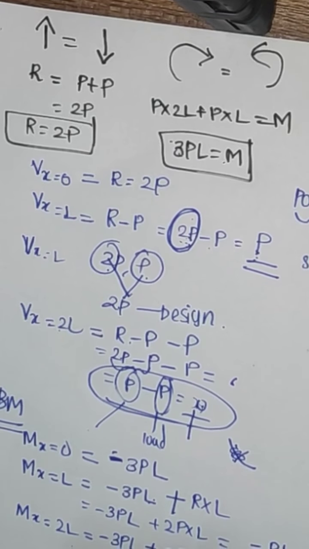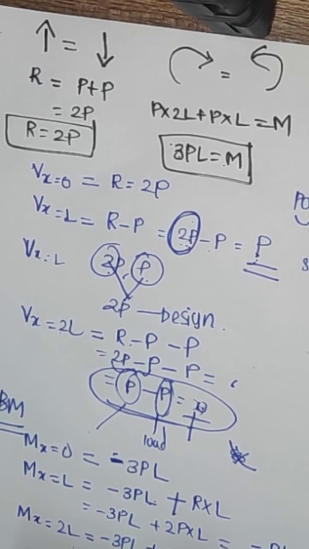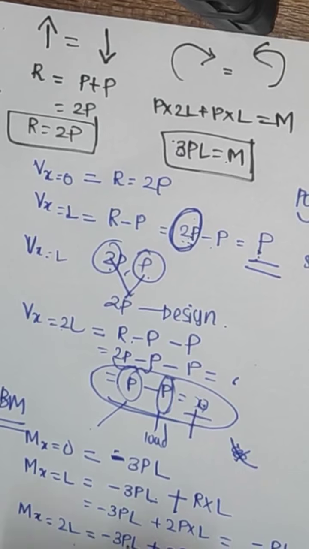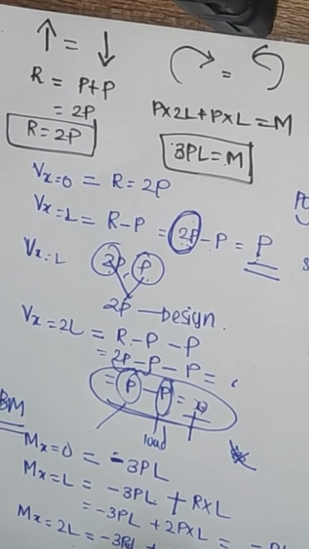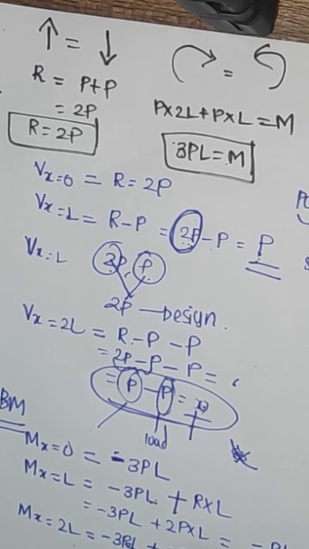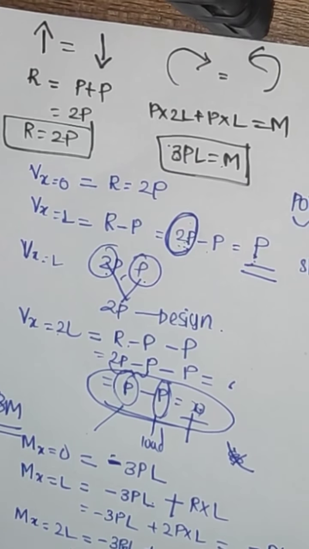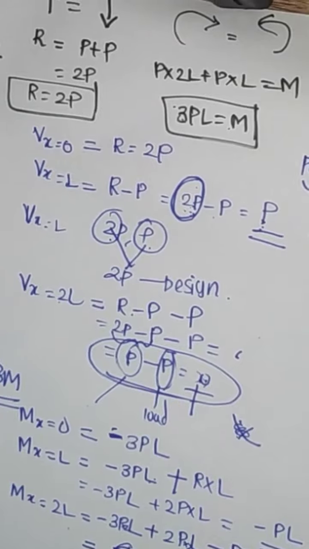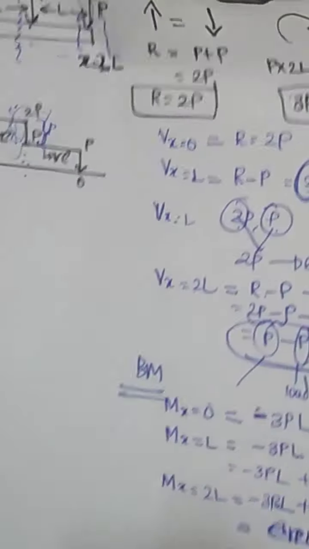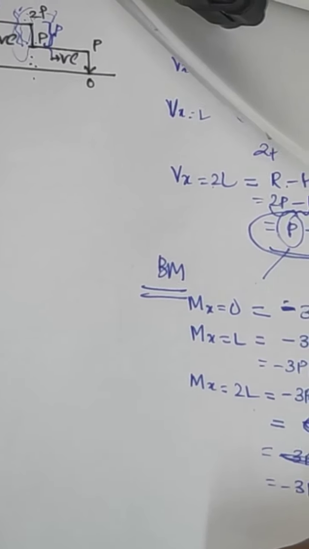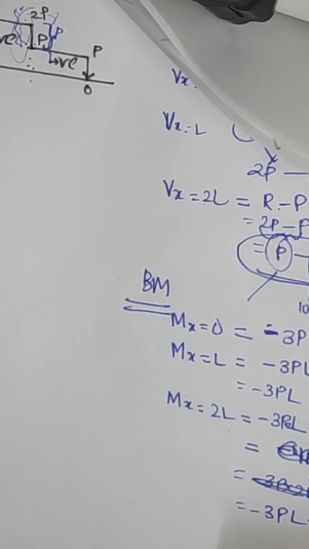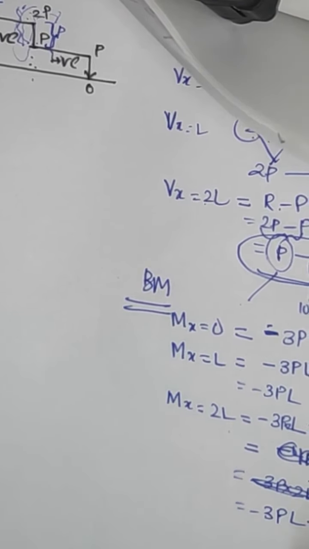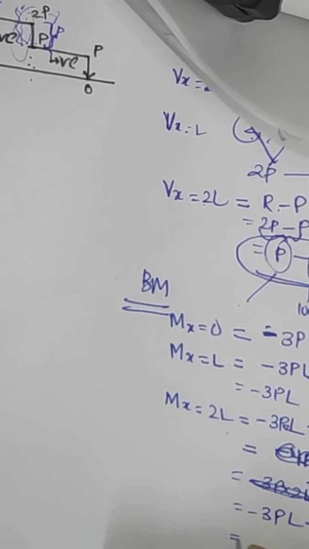Here, minus 3P into 2L plus what? Here what you will be getting is minus 3PL plus that moment, R is the reaction, that is 2P into the distance 2L, minus P into that whole distance L. So what you will be getting?